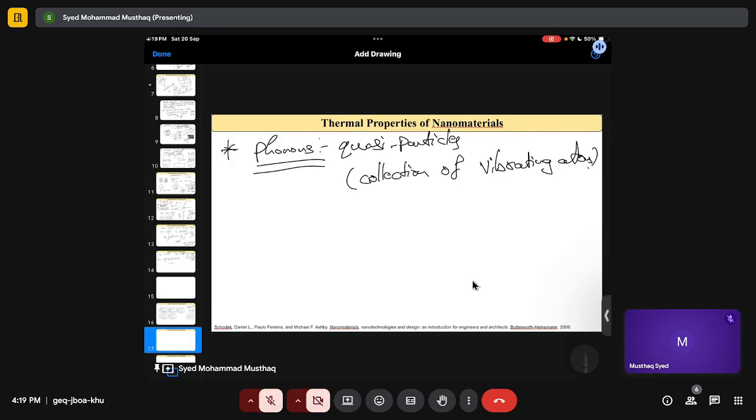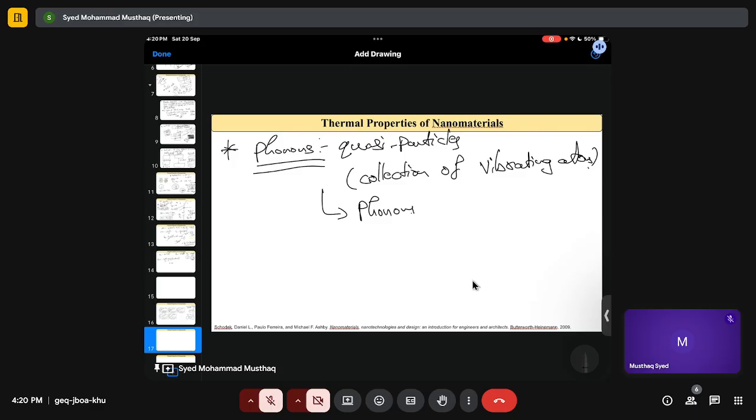Heat is transmitted through solids in three ways. By thermal vibration, that is the first thing, phonons. By the movement of free electrons, right? So the first thing you have is phonons.